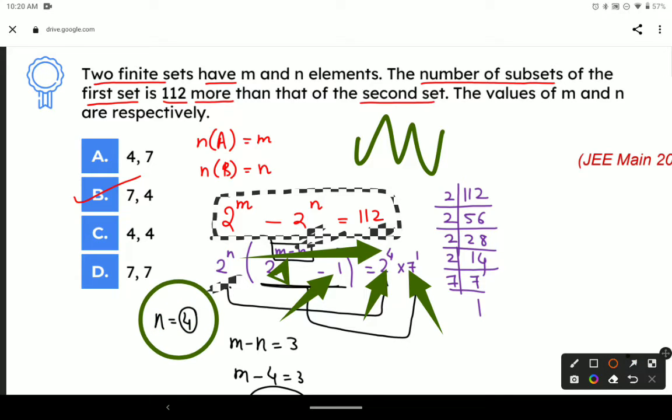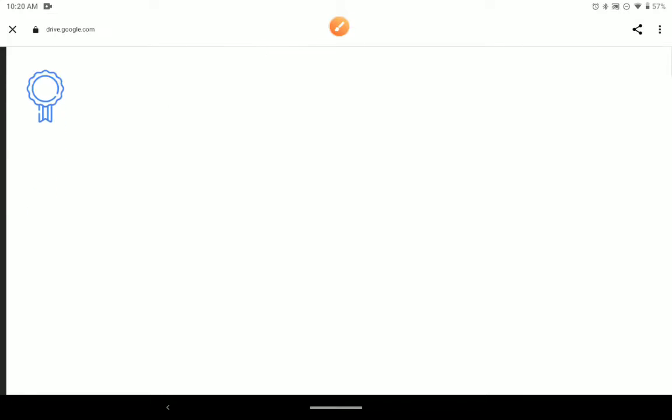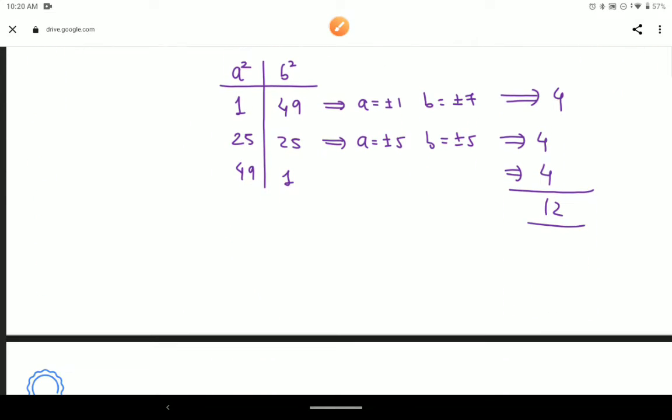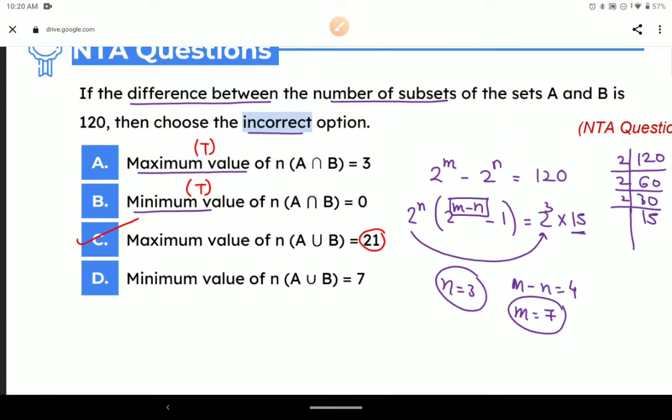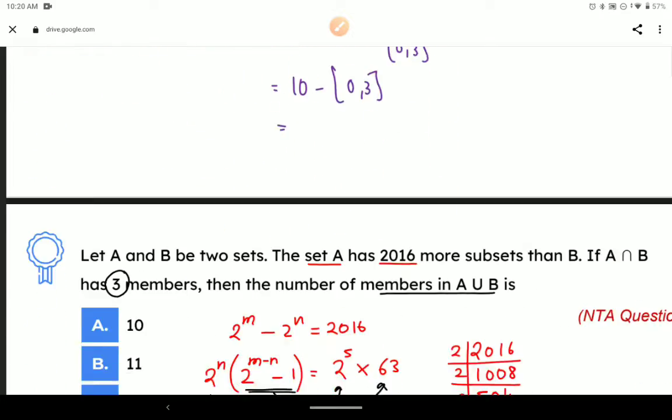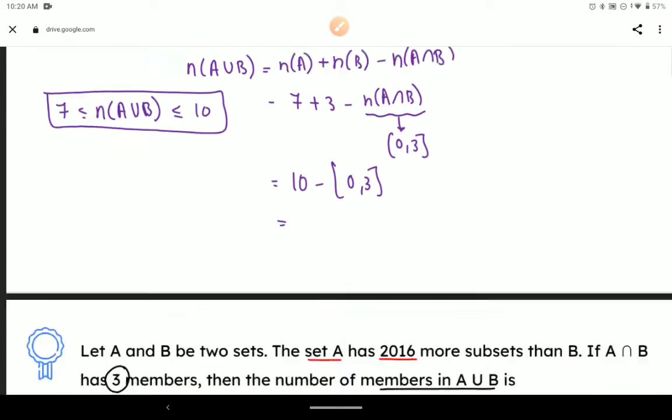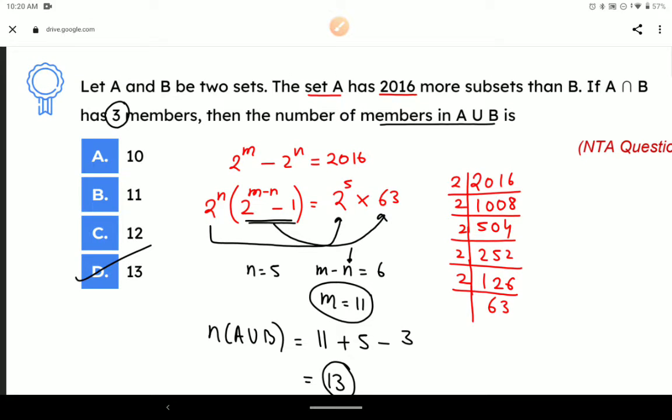So m minus n becomes m minus 4 equals 3, which results in m is equal to 7. So this is the second type of problem. This is also the same type of problem, and this one is also the same type. These are all repeated questions. See, NTA questions, everything was in this manner only.